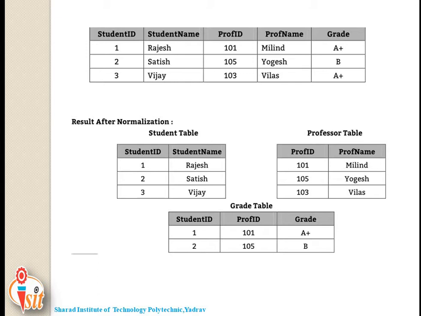If student ID 1 leaves the university and the tuple is deleted, then we lose all information about Professor Milind, since this attribute is dependent on the primary key student ID. To solve this problem, we must create a new table, professor, with the attribute professor name and the key professor ID.